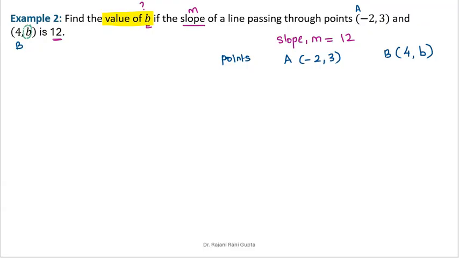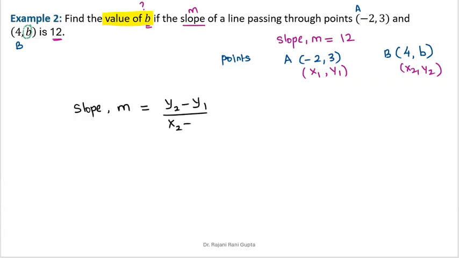As per the definition, this is x1, y1 and this is the point x2, y2. Write down the rule for finding the slope: slope m is equal to y2 minus y1 over x2 minus x1. This gives you the value of y2.